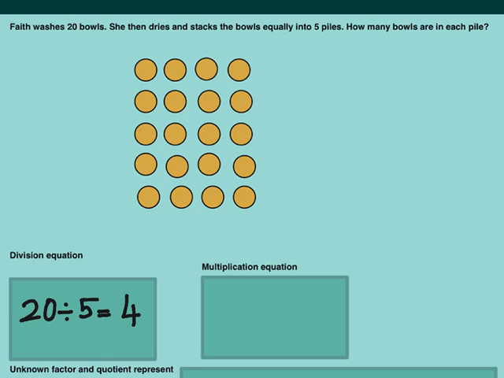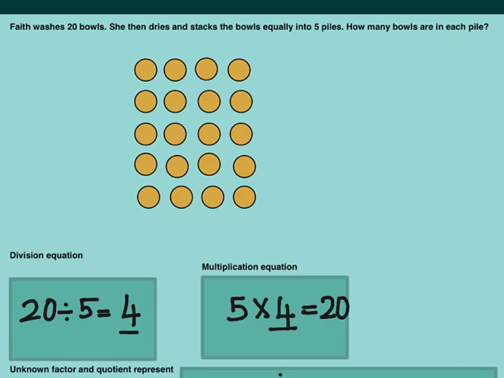The multiplication equation is 5 times 4 equals 20, where 5 and 4 are the factors, and 20 is the product.